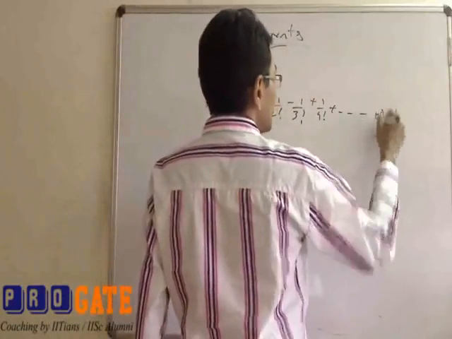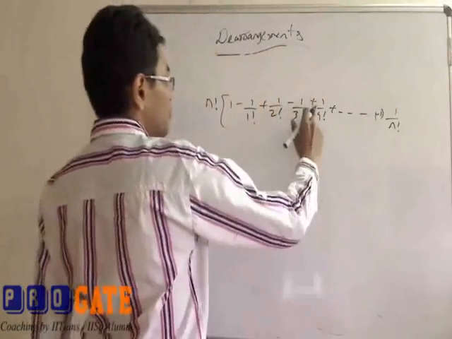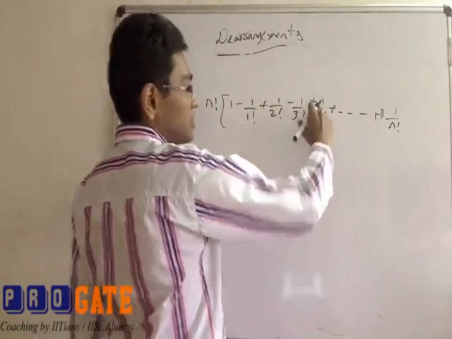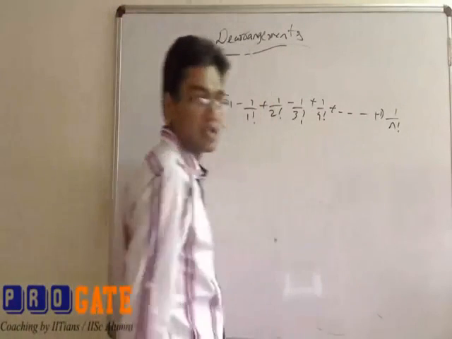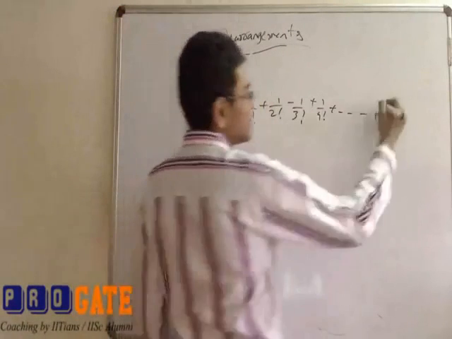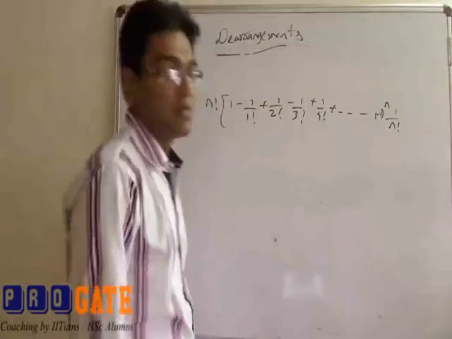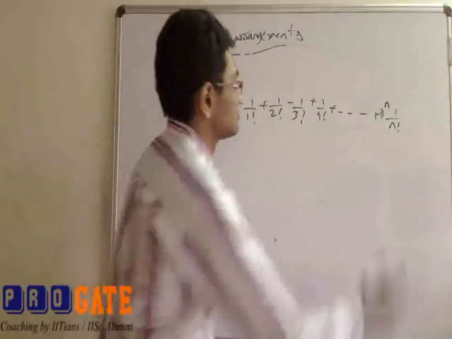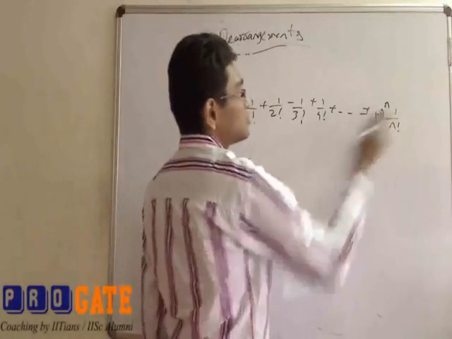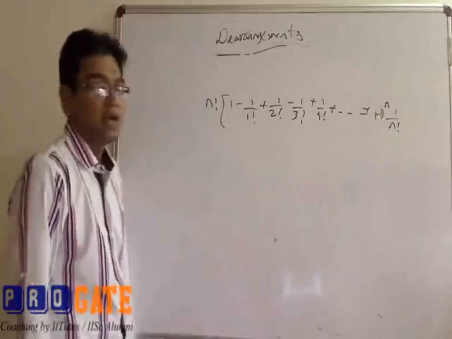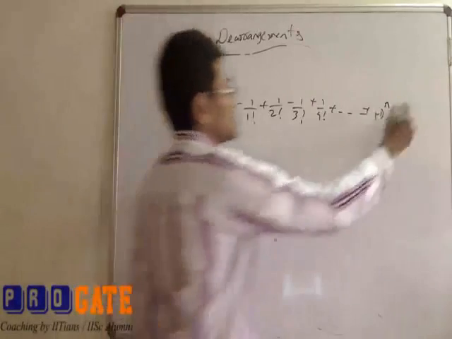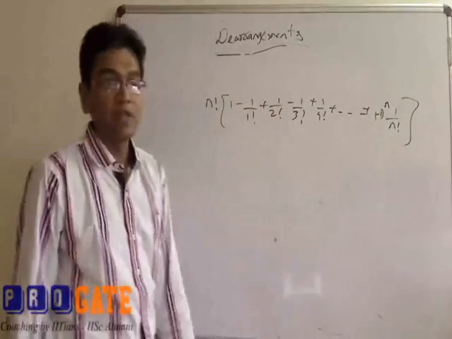For the 4 factorial it is plus, for the 2 factorial it is plus. So if n is even, it will be plus, and if n is odd, it will be minus. So minus 1 raised to n, times 1 by n factorial. So this is the total number of derangements when there are 4 objects.